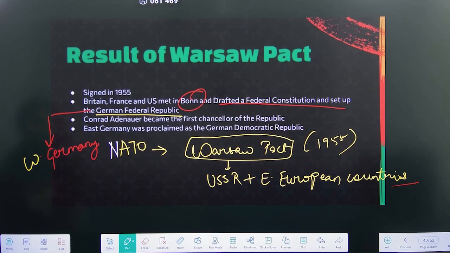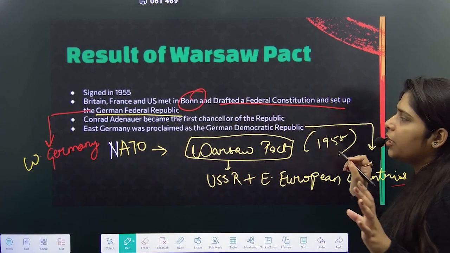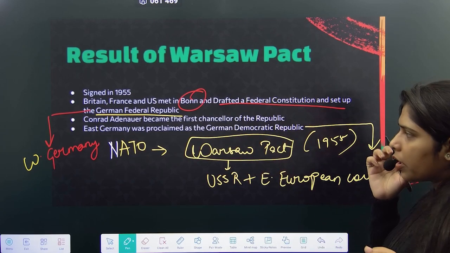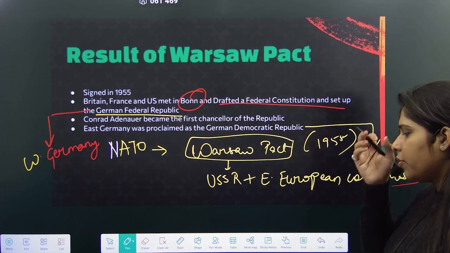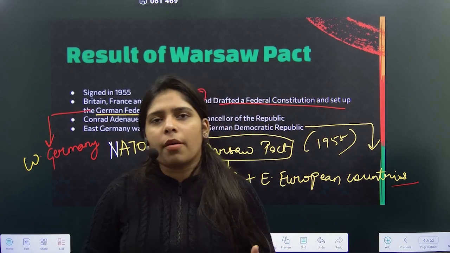As a retaliation, East Germany was proclaimed as the German Democratic Republic by Russia itself. So this was all that was going on as a result of the Warsaw Pact.